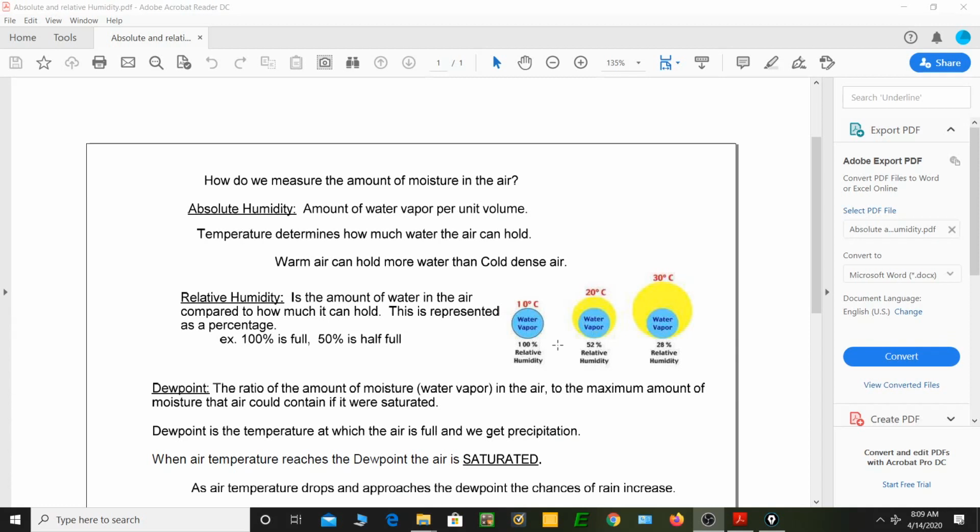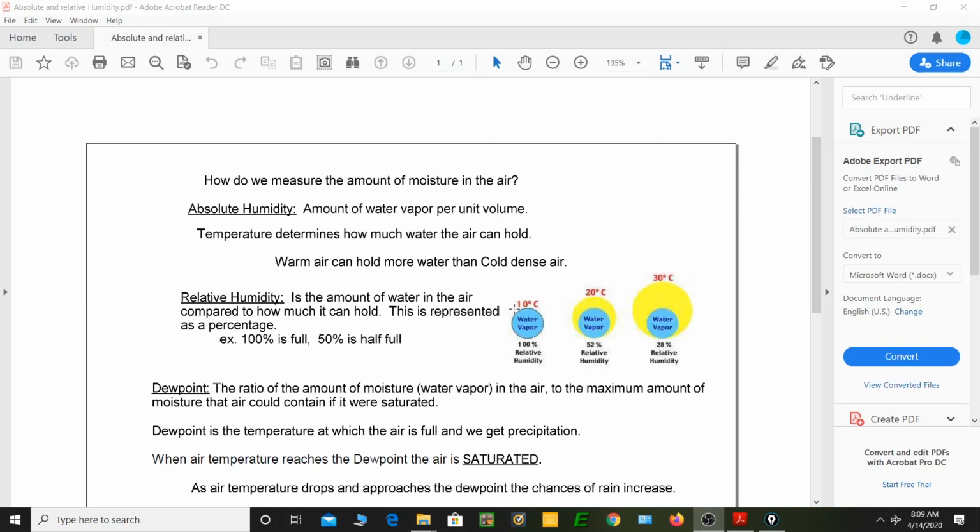So when we move in this direction, more water can evaporate and enter the atmosphere. As we go in this direction, water is eventually going to leave the atmosphere when the air temperature reaches the dew point, which is the temperature at which the air is full.